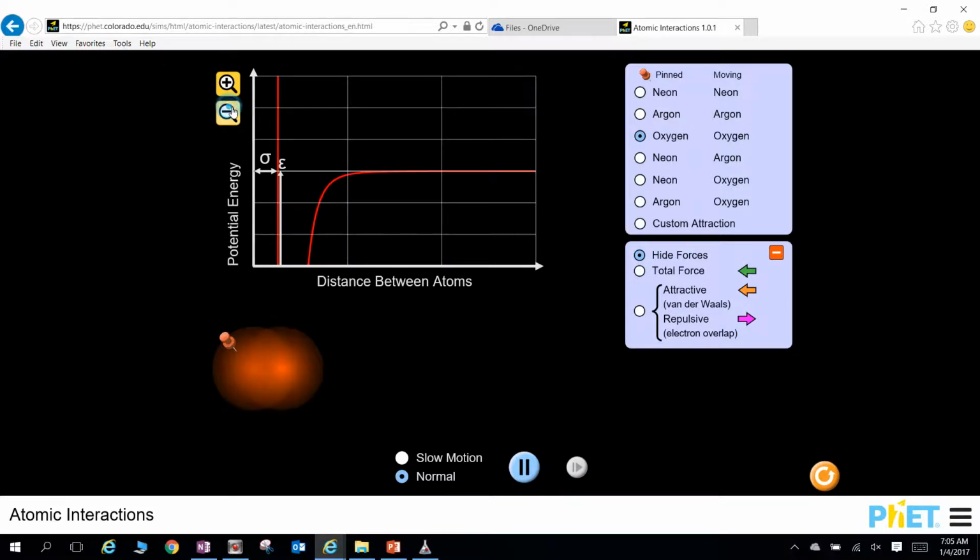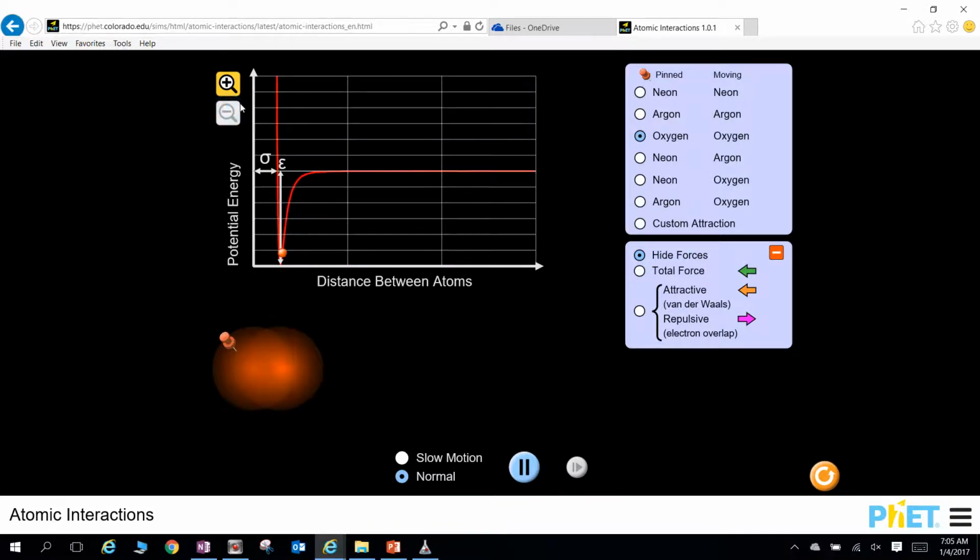Ooh, I can't see the whole graph, so I'm going to zoom out here. I see. So as the atoms get closer together, there's this dip in potential energy because right here is the lowest possible energy, so that is the length of the bond. And if I try and bring them closer together, that's just not good because that energy goes way up.